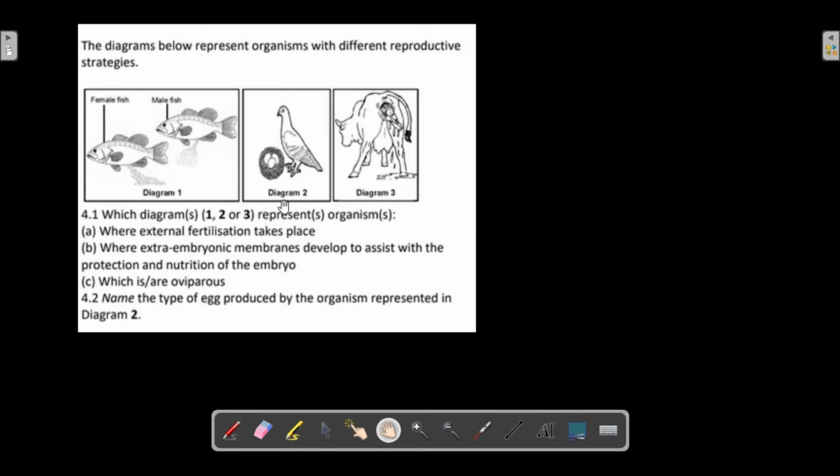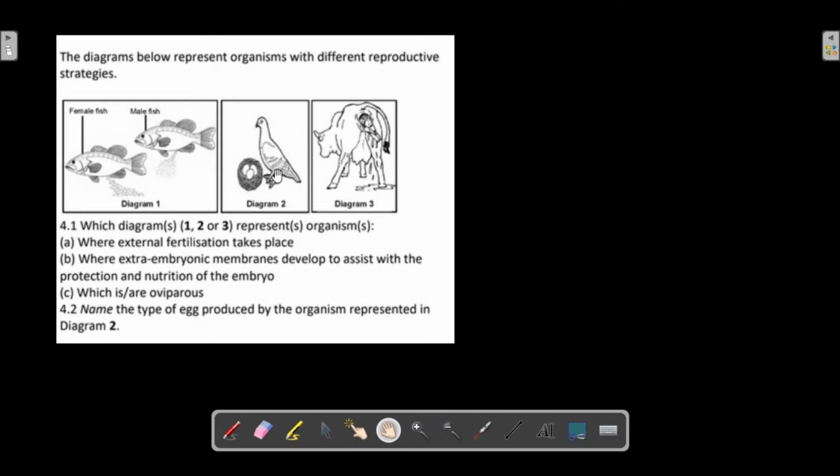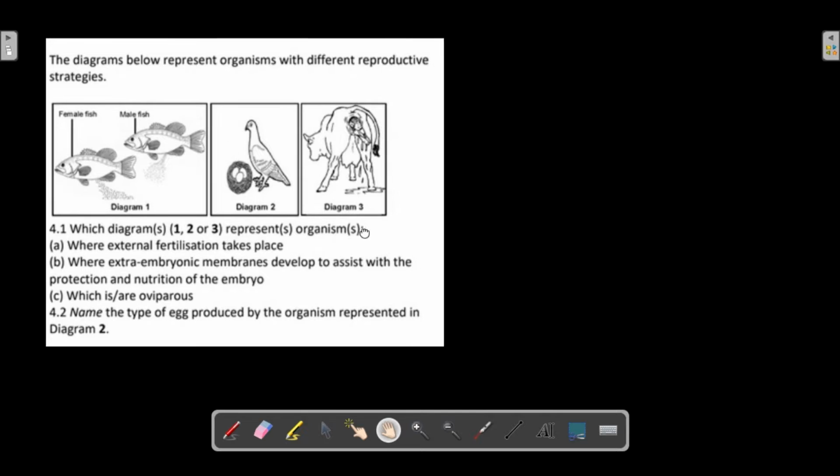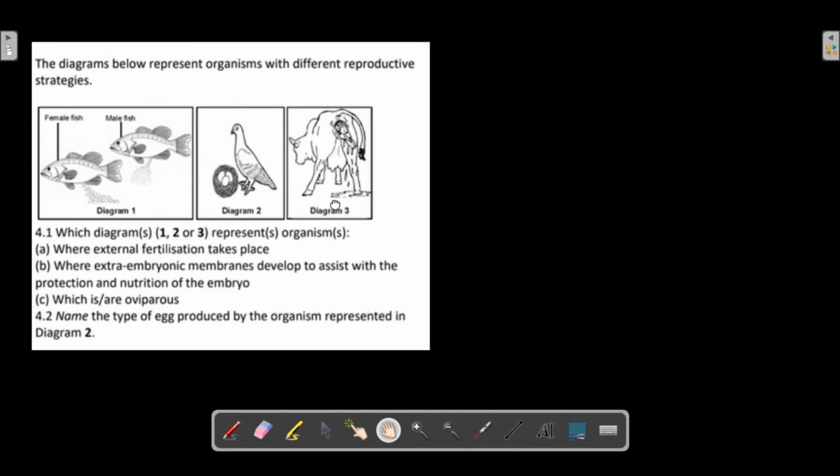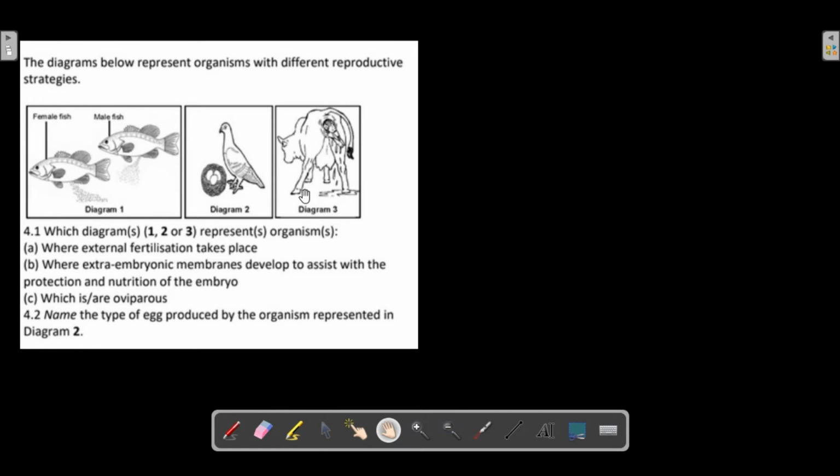In diagram two, we have a bird, and this is an oviparous animal, as you can see, with eggs growing outside the female's body. And in diagram three, we have a cow, and this is a viviparous reproductive strategy.